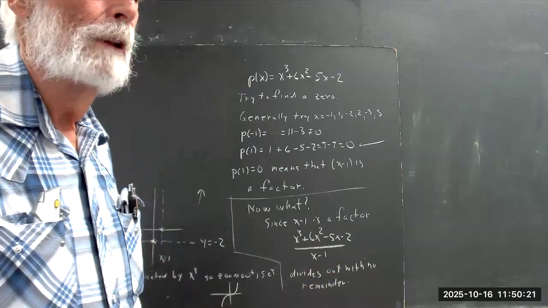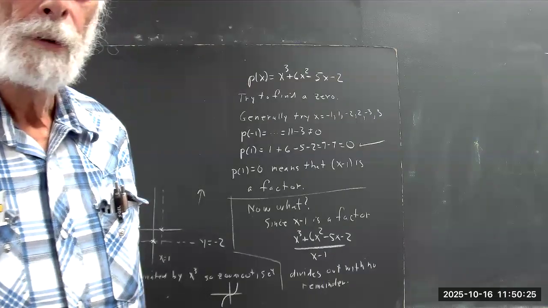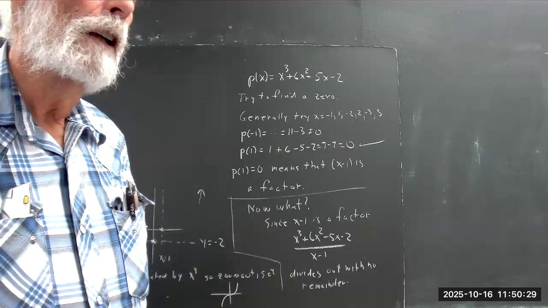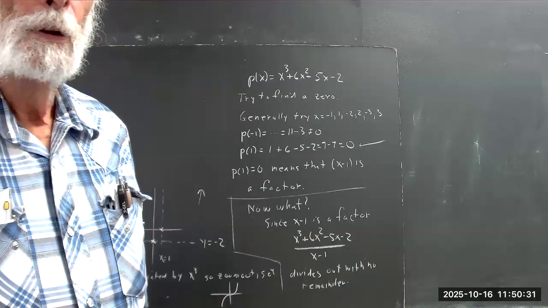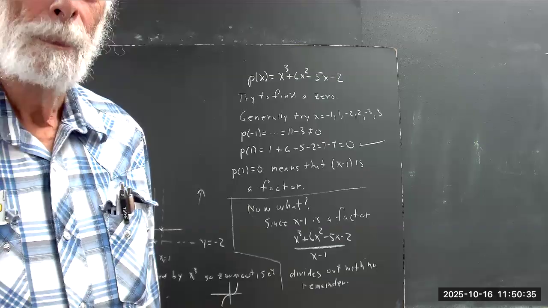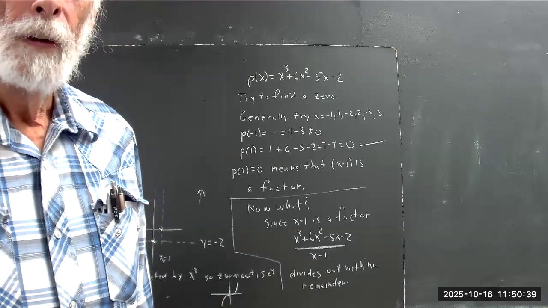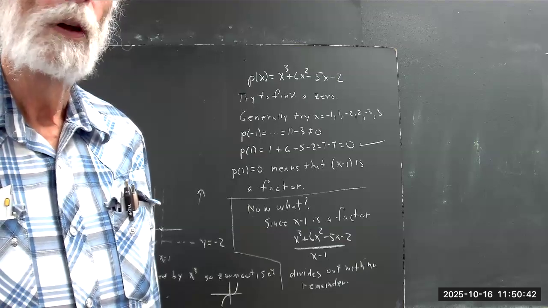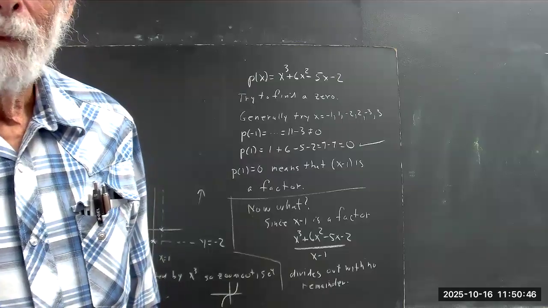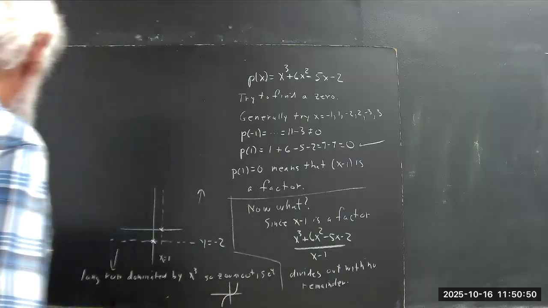For example, with numbers, 5 is a factor of 40. If we divide 40 by 5, we get 8. We don't get any fractions, no remainder. 5 is not a factor of 41. If we divide 41 by 5, we get 8 and 1/5, 8 with 1 left over. In an analogous way, it's going to work with this.